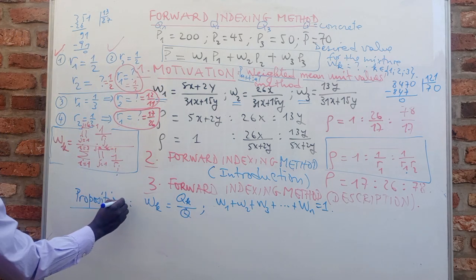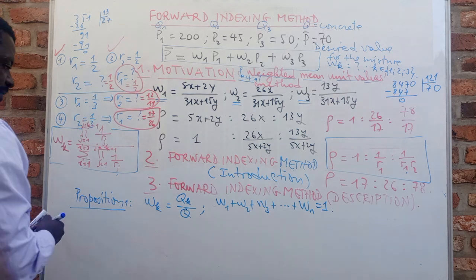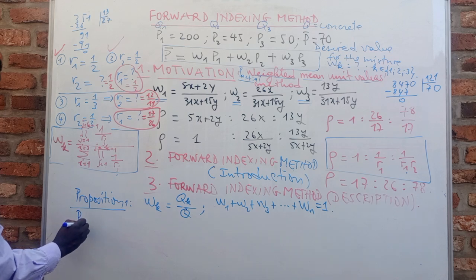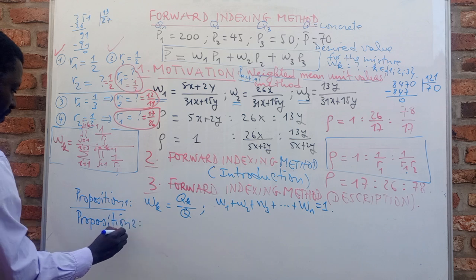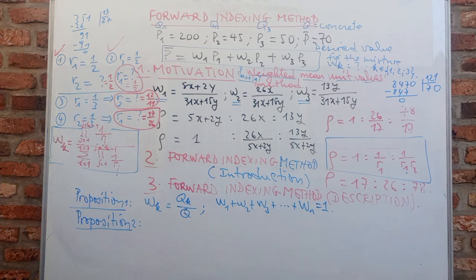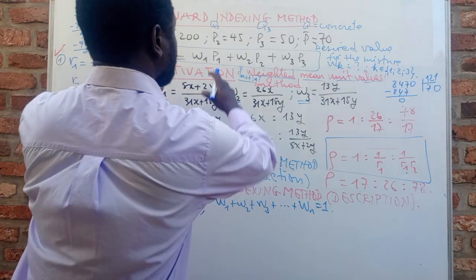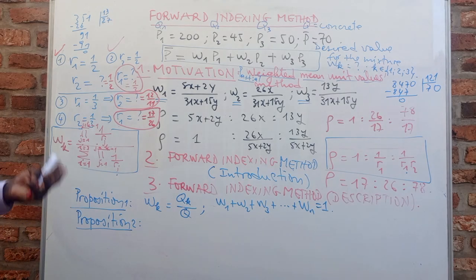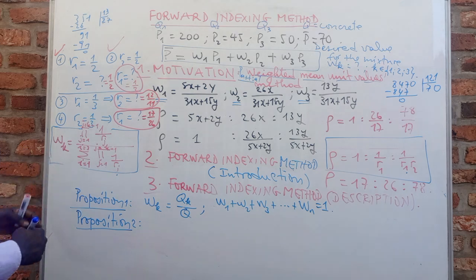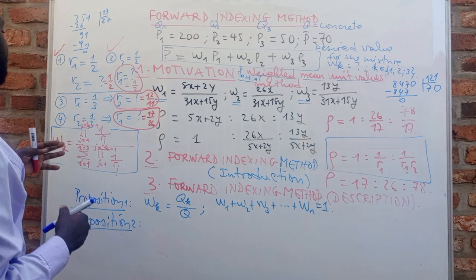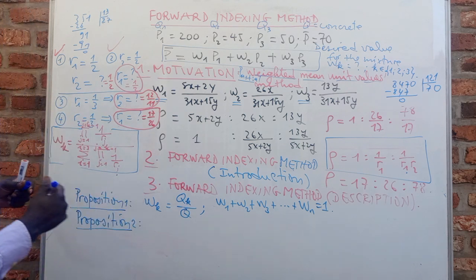Okay. Now proposition number 2. We are going to see that if we know one quantity out of a list of quantities for each component, we can calculate the others, provided some number of ratios are given.